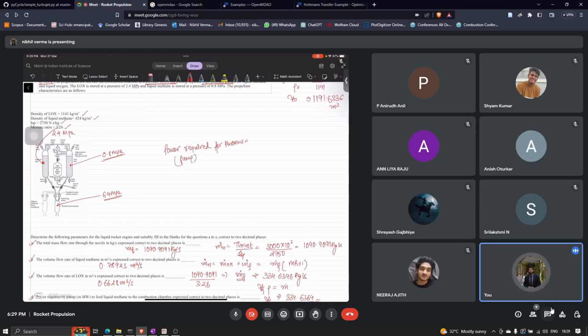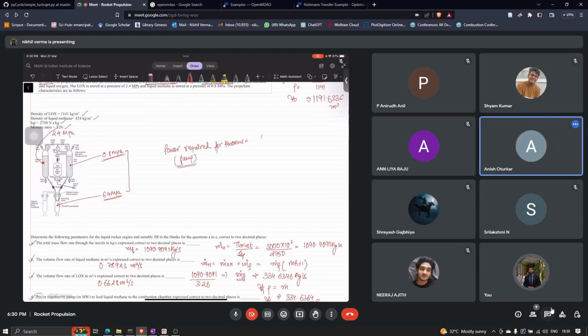Do you know any relation which connects the pressure difference and the flow rate with power? Can you recall any equation which connects the power, pressure and flow rate?